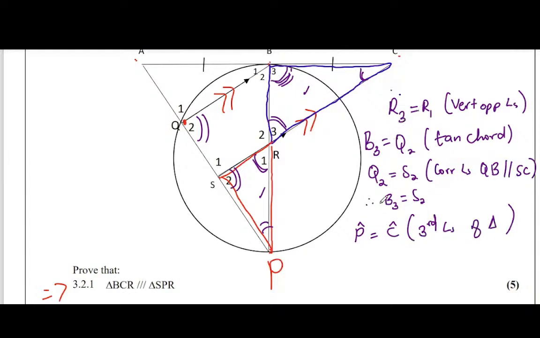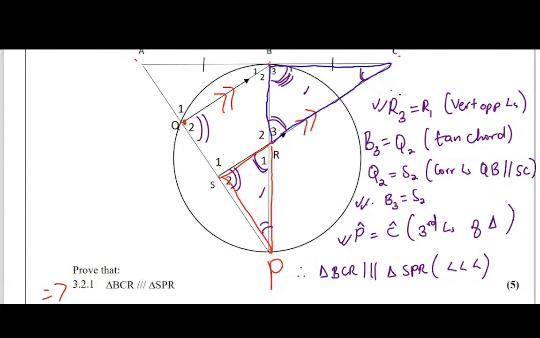So we have 3 facts: fact number 1, fact number 2, and fact number 3. For as long as those 3 facts have been identified, we can draw the conclusion that therefore triangle BCR is similar to triangle SPR. Reason: we were focusing on the angles only. Angle, angle, angle. That's how the 5 marks would be obtained.